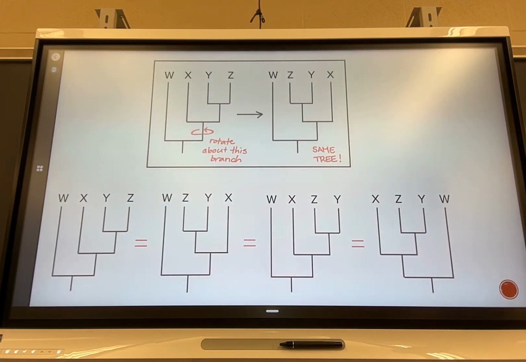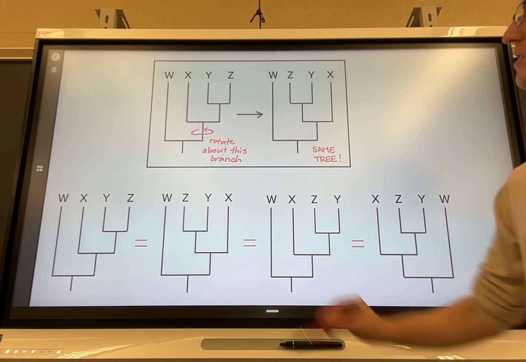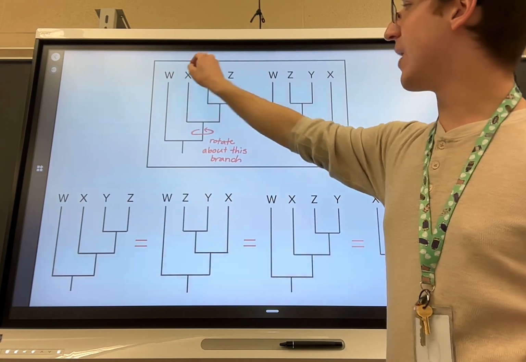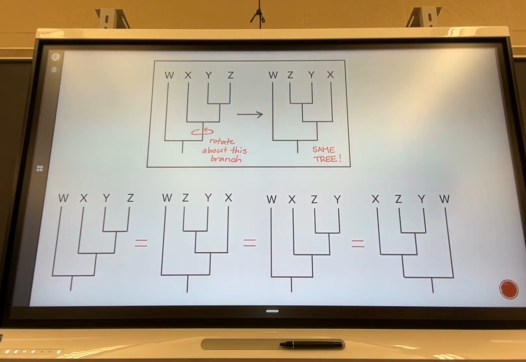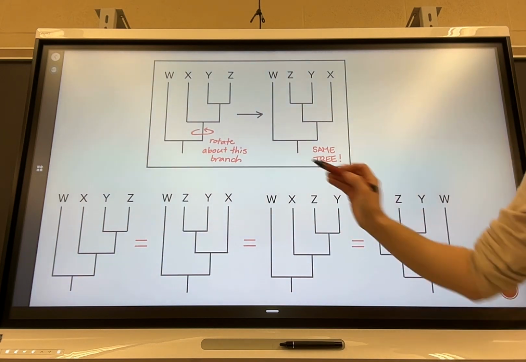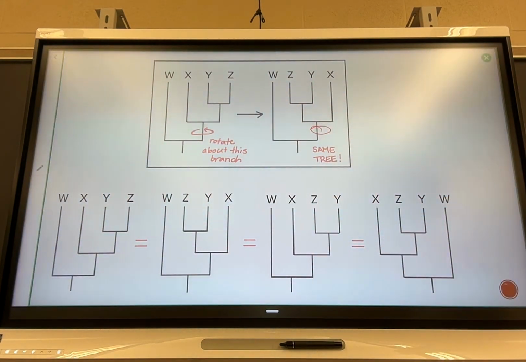And what happens with this is that we are able to actually manipulate these trees. So you can see we have species W, X, Y, and Z. On this other one, we have W, Z, Y, X. And you see that all we had to do was rotate it around this branch.